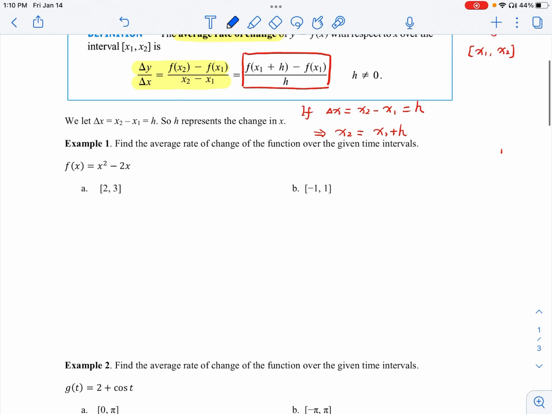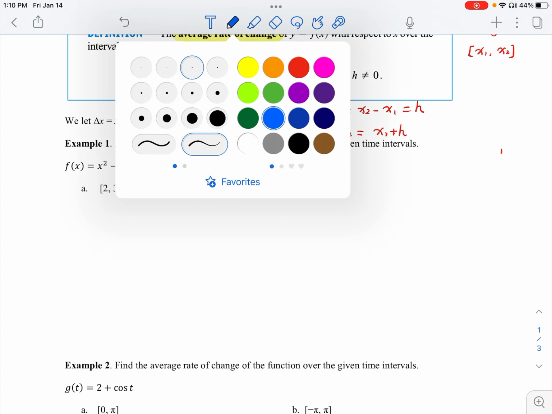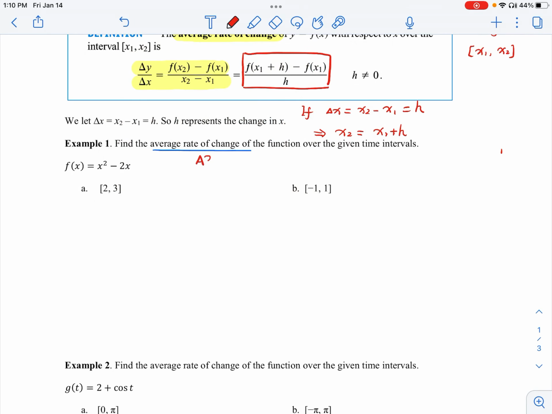Now let's see some examples. Example 1. Given function f(x) equal to x squared minus 2x, we want to find the average rate of change over the given intervals. We write down the formula we're going to use: average rate of change over the interval x1, x2 is f(x2) minus f(x1) divided by x2 minus x1.